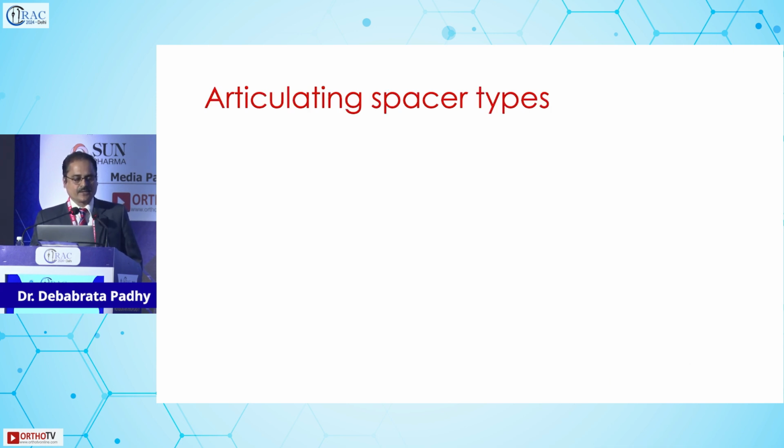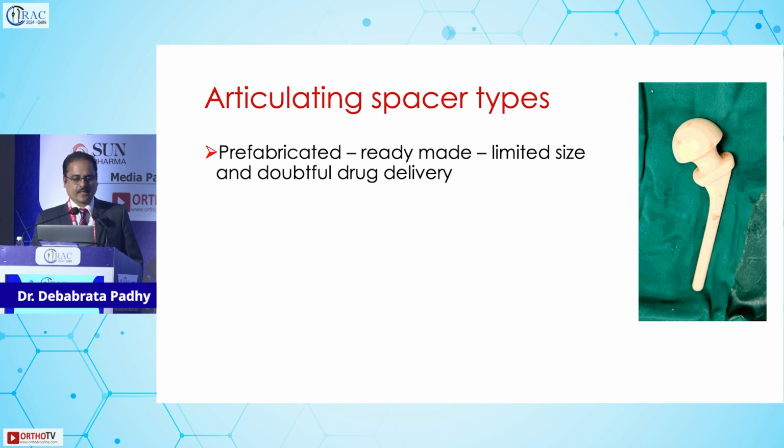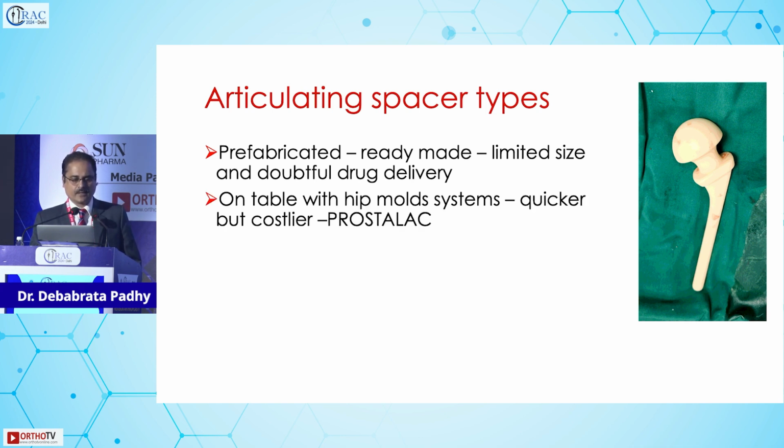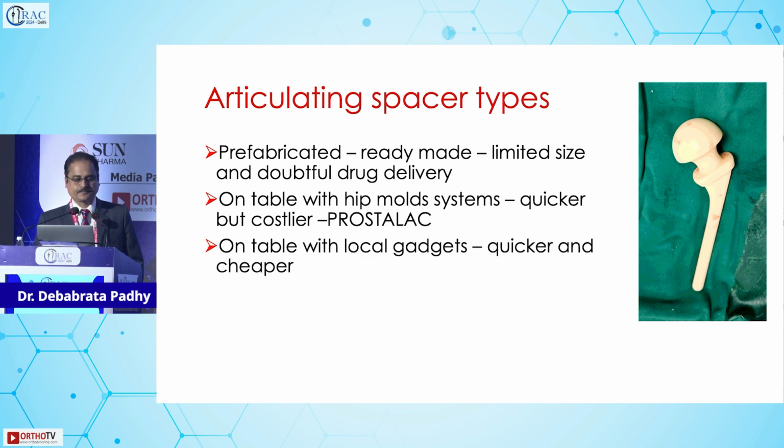The different articulating spacers, as discussed, can be prefabricated, which is ready-made, with limited sizes available, low antibiotic cover, and less delivery at the site. On-table spacers with hip molds are available, which are quicker but costlier.